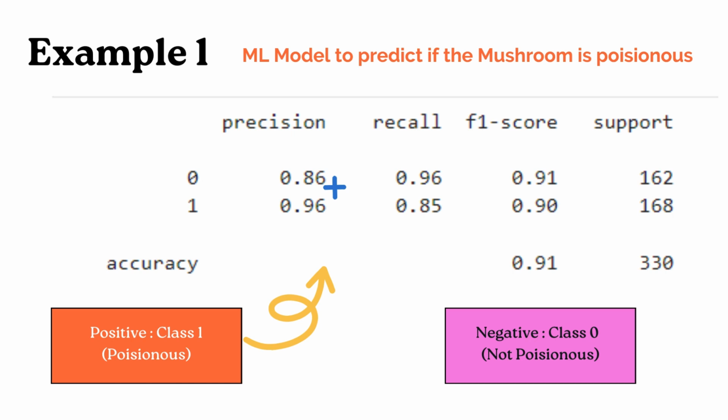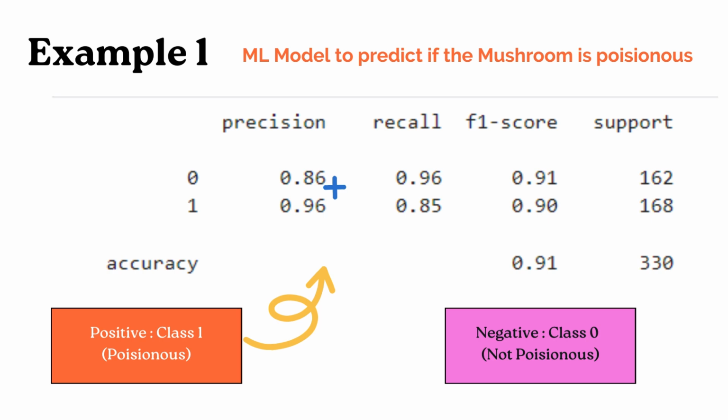Our model is predicting whether a mushroom is poisonous or not, whether we can eat it or not. So what is a positive case? Of course, the positive case is poisonous mushroom. Negative case is non-poisonous. We have 162 for negative and 168 for positive, so it is quite a balanced data set.